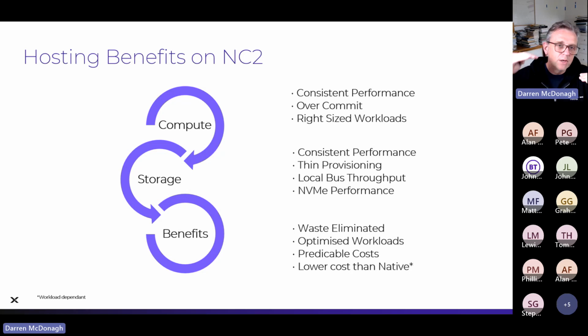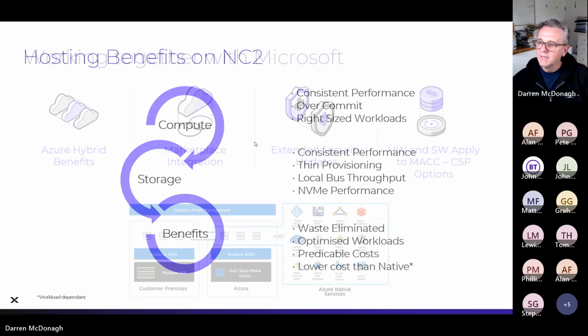If you want a 3 CPU, 9 gig of RAM VM, you can do that. You don't have to jump up a t-shirt size, for example, and any unused resource, you can use for other workloads to get better density on that server overall.